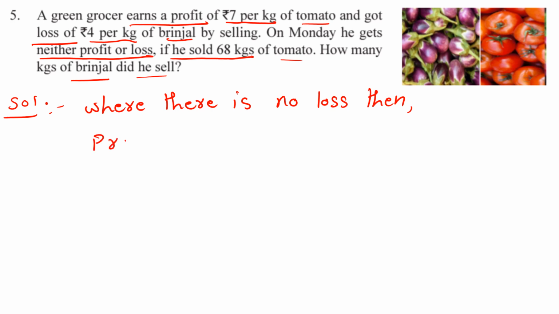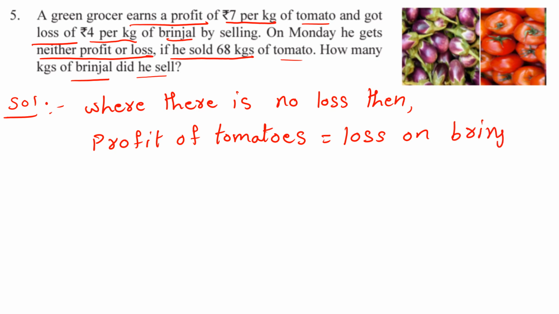The profit of tomatoes is equal to the loss on brinjals. These two are equal, right? So where there is neither profit nor loss, the profit on tomatoes equals the loss on brinjals.